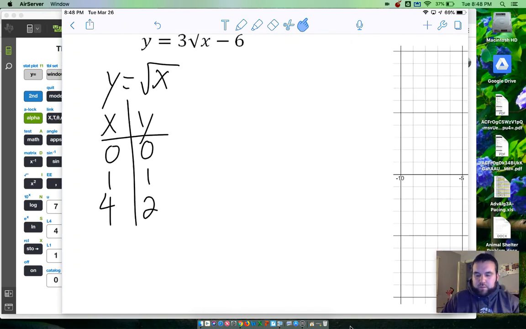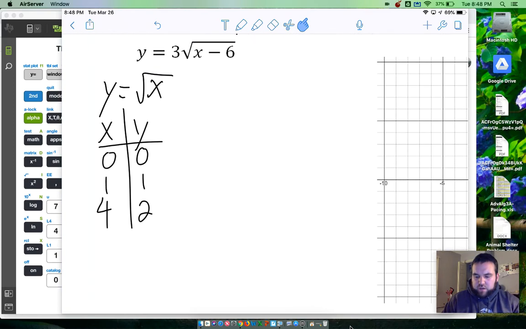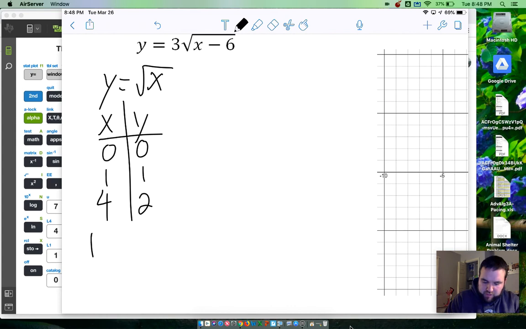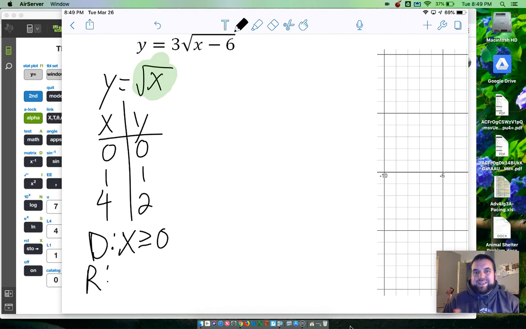One thing that we didn't talk about, and if you're watching this, great, I'll try to remember to bring it up, is what are the domain and range of this thing? So the domain is what x values can I plug in. Right now I'm just looking at this. What x values can I plug into that? Well, x has to be greater than or equal to 0. And the range is what answers will I get out.